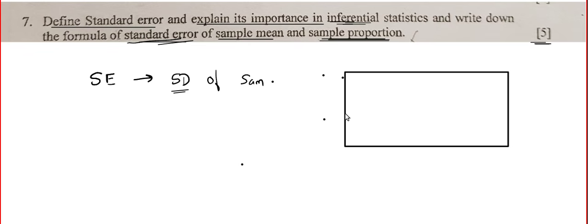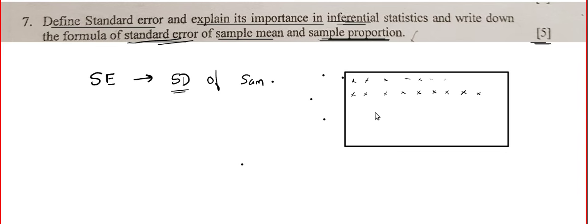If you are planning to study a certain machine, all the machines that have been produced should be included. So the population normally will be very large, and collecting data from a population in many cases is impossible.